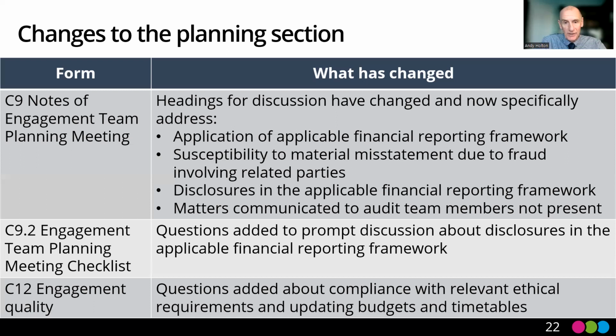A failure we often see is that planned ethical safeguards don't take place because there was no time at the end of the audit. So building that into budgets and timetables will seek to avert that problem.